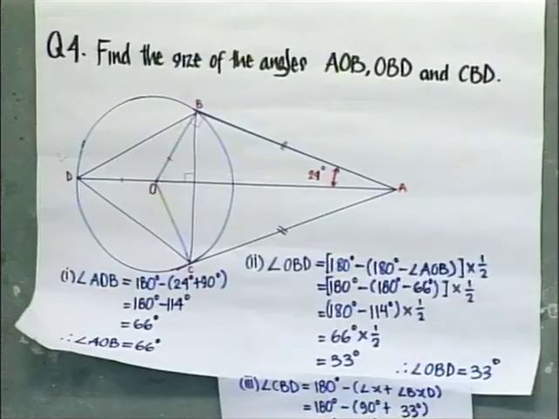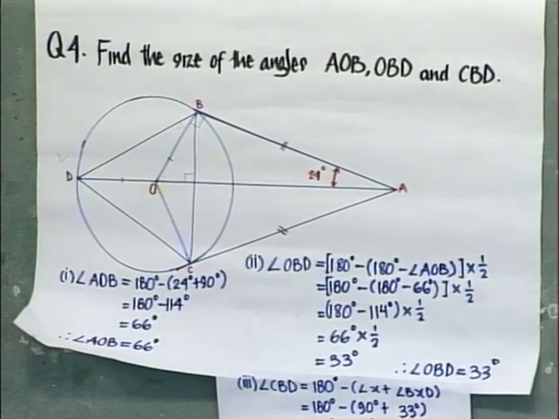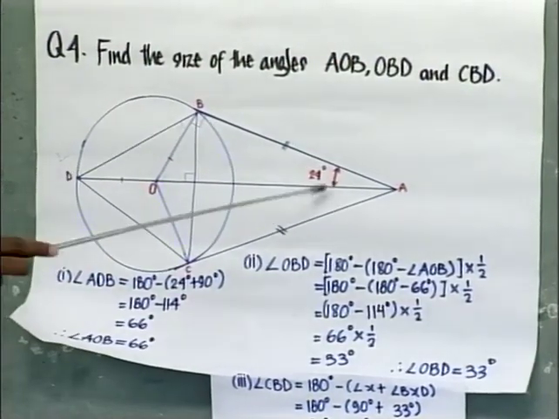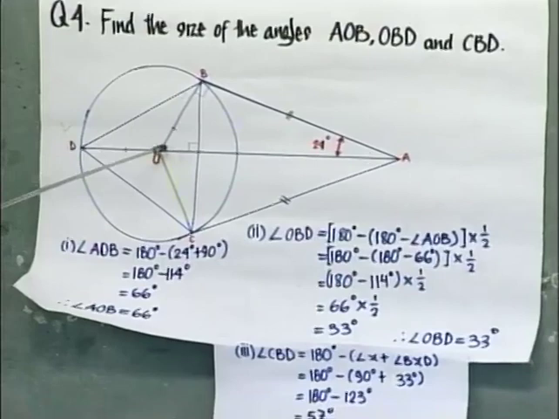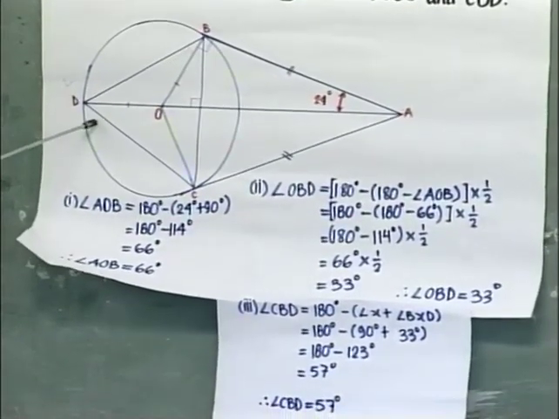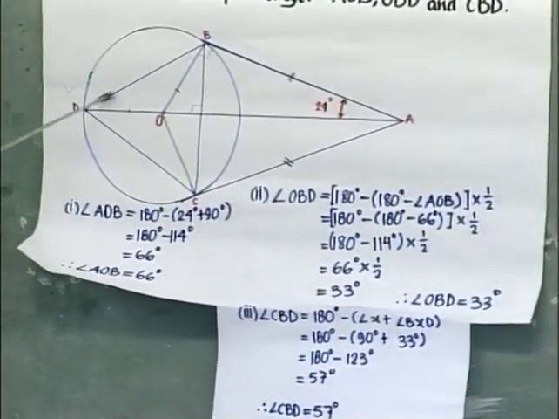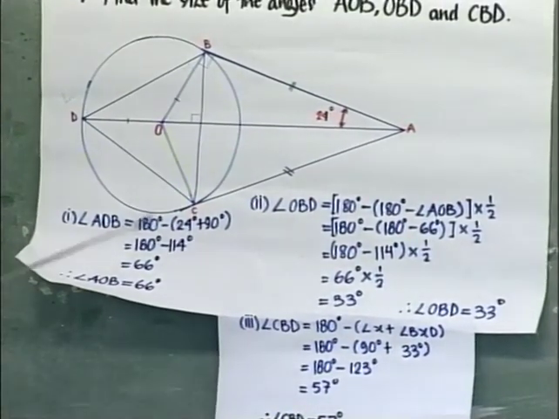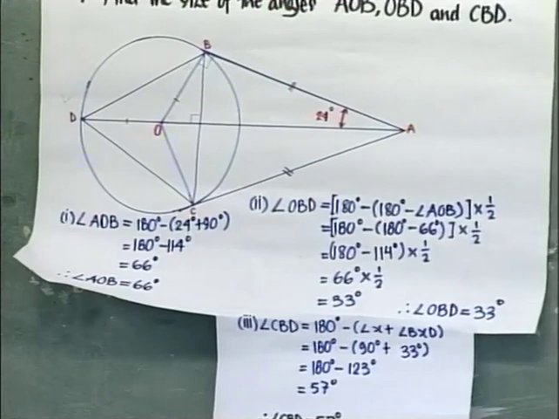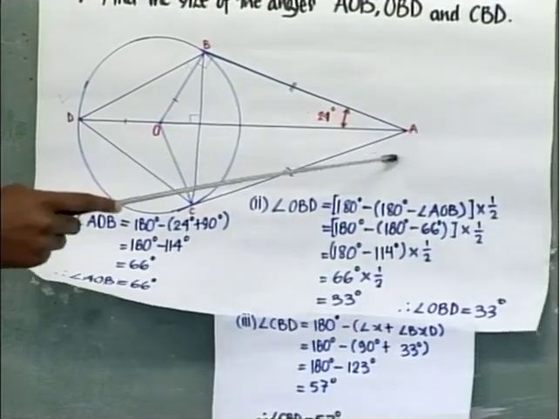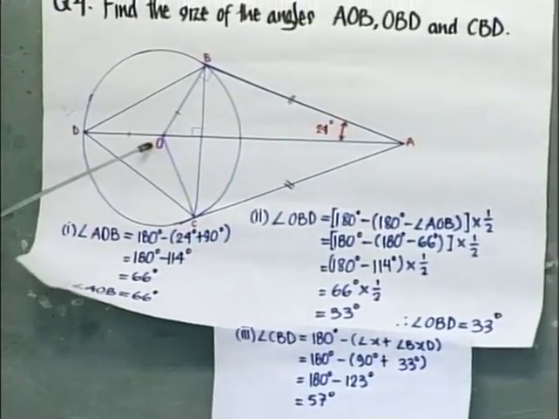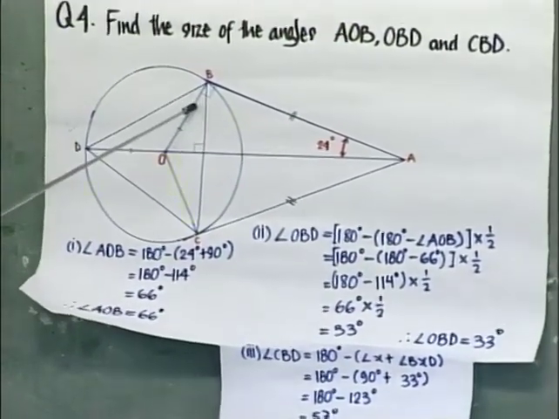Question 4 reads, find the size of the angles AOB, OBD and CBD. To find AOB, we use property number 1, which means that the tangent touching the circumference of a circle joined to the radius is at a right angle.